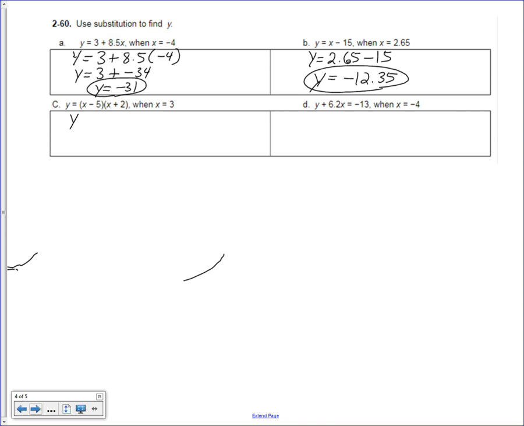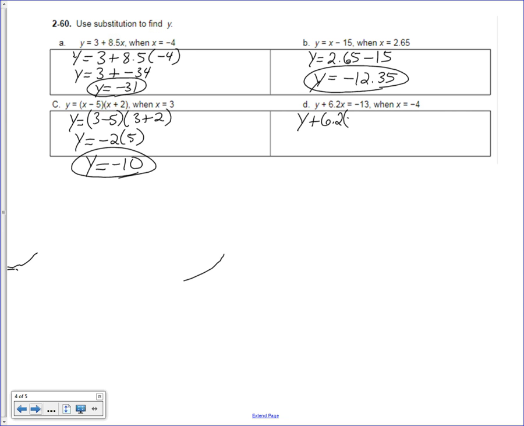C, y equals x minus 3 minus 5 times 3 plus 2. So we're going to get y equals negative 2 times 5. That equals negative 10. And D, it's a little different.